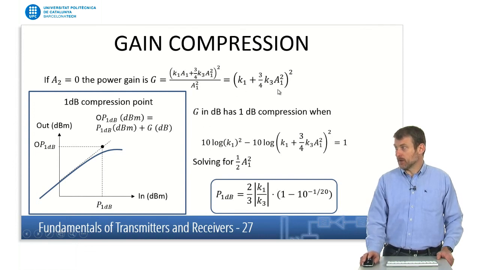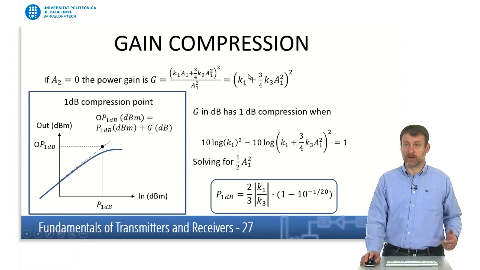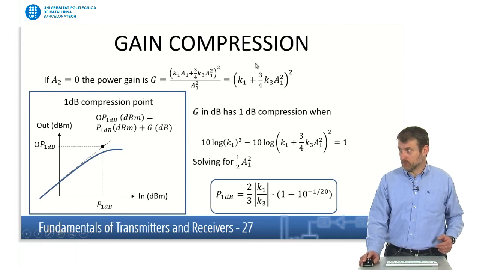If this is the gain of our system, 1 dB occurs when this gain decays by 1 dB, right? That means normally, if the system would have no nonlinearity, the gain would be simply K1 squared, and the system with nonlinearity has the gain given by this equation.